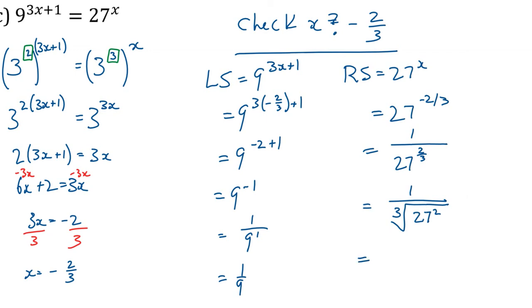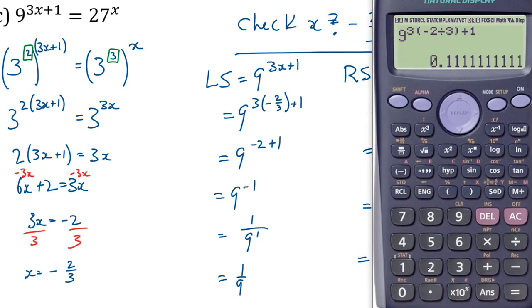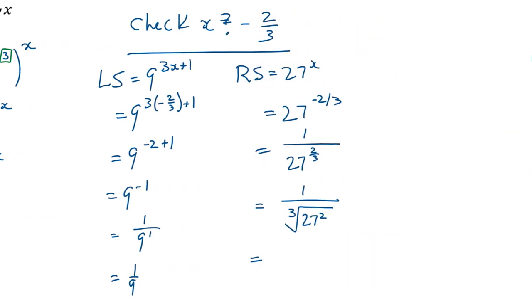So I want to do, it might be easier actually for me to do it like this. Let's do it both ways. I'll leave that. 27 squared. So 27 squared, I just can't do that in my head, is 729.